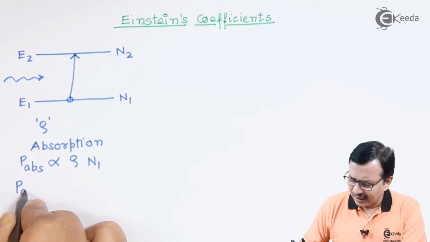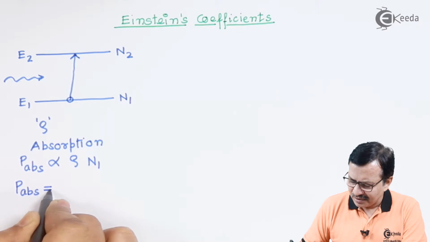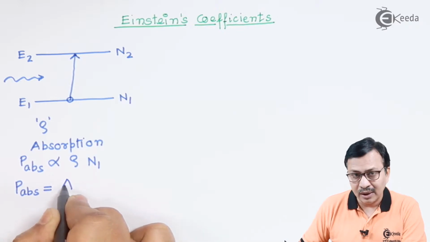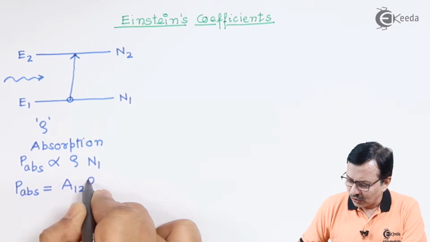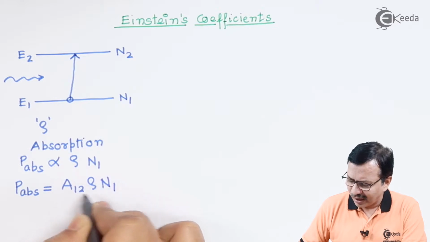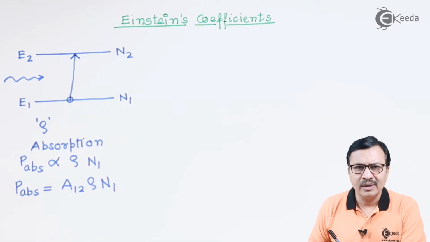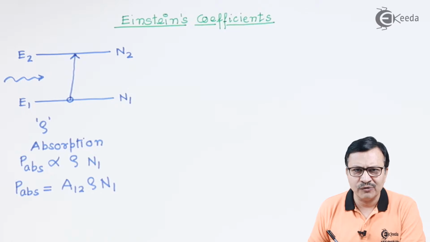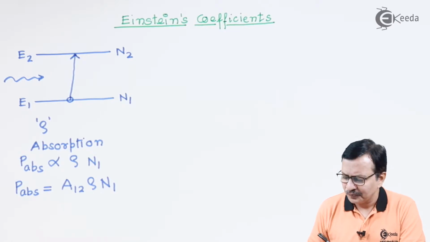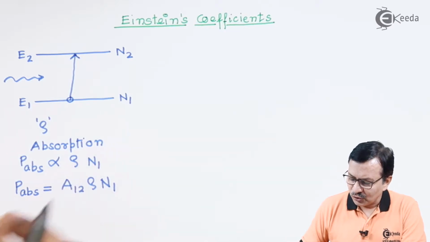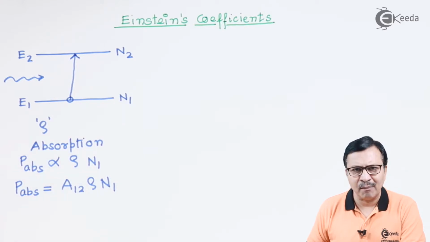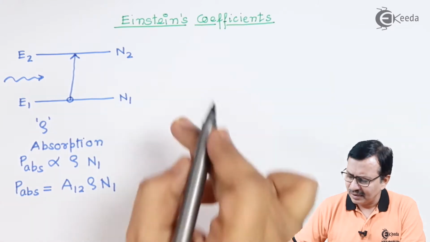Hence we can write that P ABS is equal to A12 rho into N1, wherein A12 is the Einstein's coefficient for absorption. So this is one of the ways in which radiation will interact with the atoms.